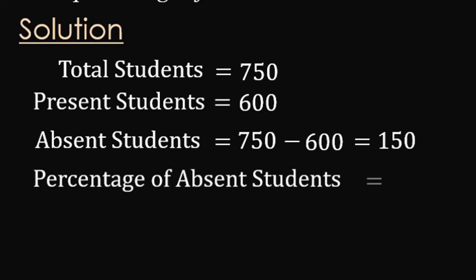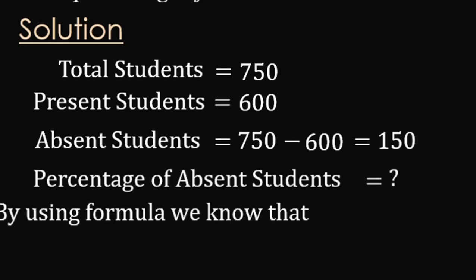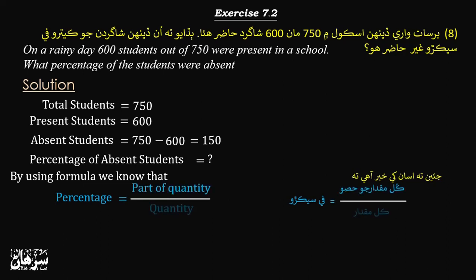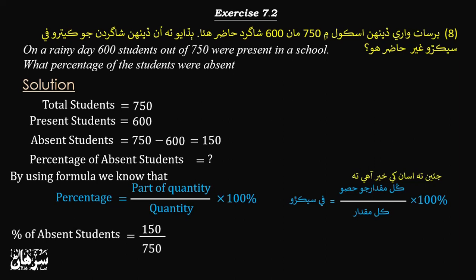Percentage of the students, you have to find it. Percentage of the absent students, you have to find it by using formula percentage equals part of the quantity divided by quantity into 100%. Percentage of the students will be equal to 150, part of the quantity, and 750, total students, yani total quantity, into 100%.